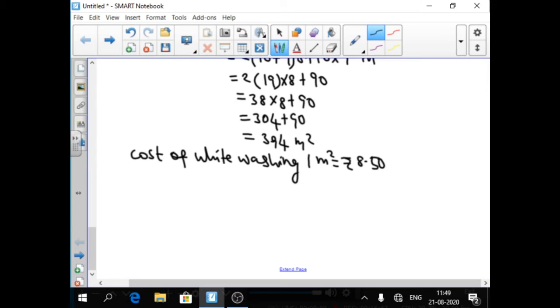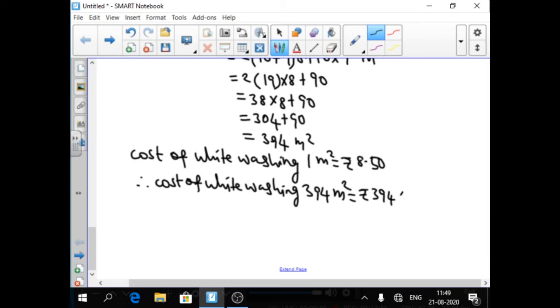So cost of whitewashing 394 meter squared is equal to 394 into rupees 8.50. So multiply the values, rupees 3,349 rupees. So that's all.